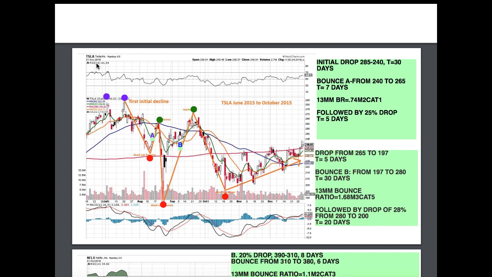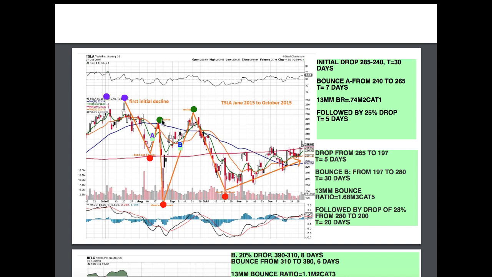This chart is from 2015, and I want you to focus on this double top formation represented by these purple dots right here. You see we make this move lower from 285 all the way down to 240. Okay, then we bounce. So the first bounce, as we go through all of these charts, is going to be called bounce A. Here we go from the red dot to the green dot.